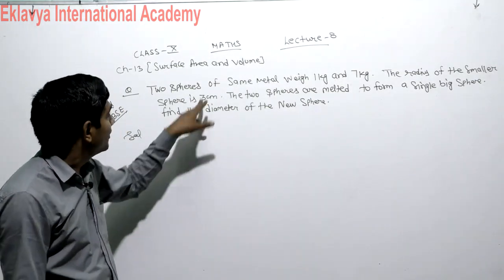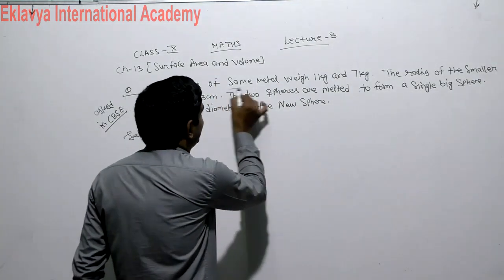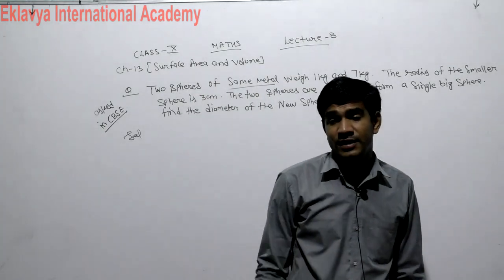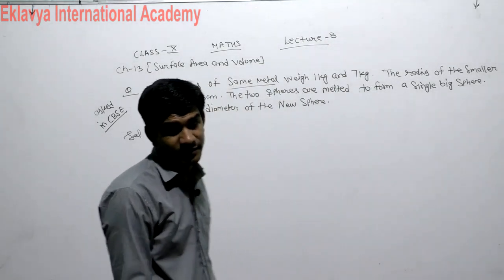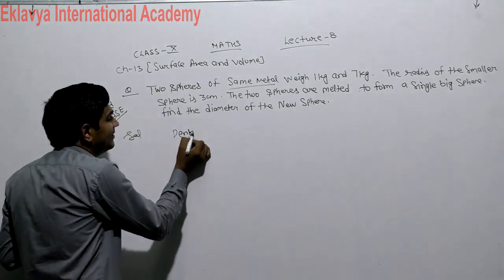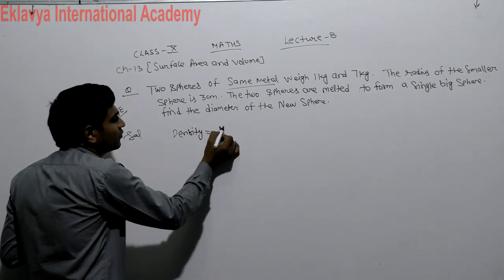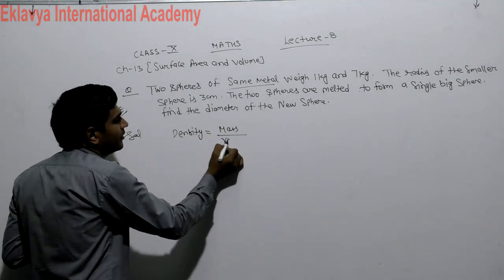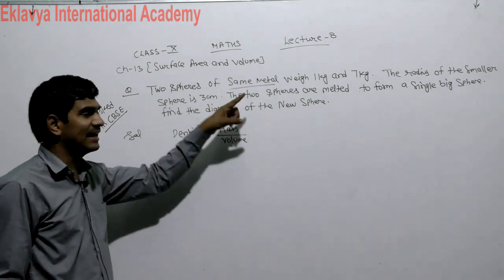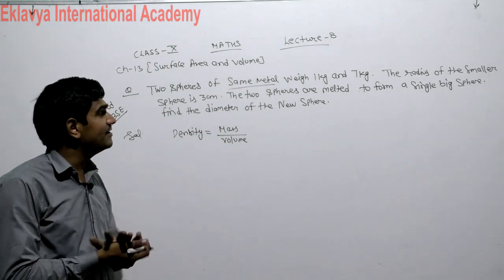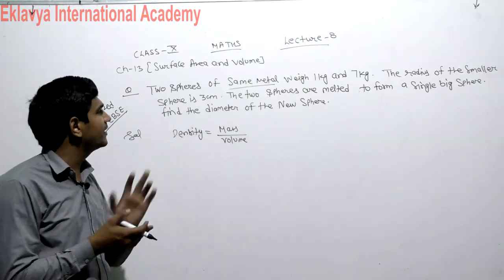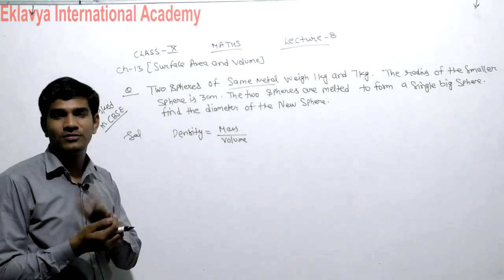But here, what is given to you? Same metal and their weight is given to you. Then how will we find out their radius? So we know, students, that density is equal to mass per unit volume, and here we use the same metal, so the density of the smaller sphere and the density of the bigger sphere are both equal.